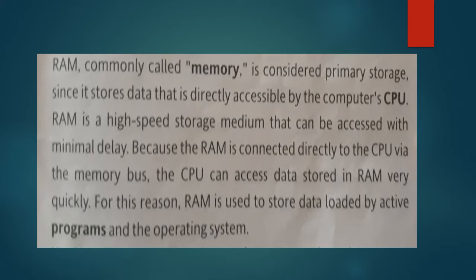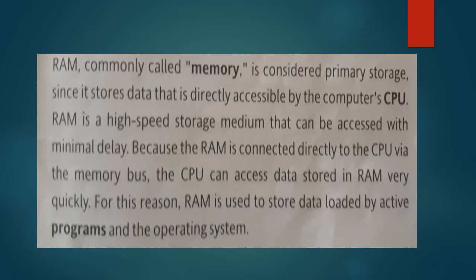However, primary and secondary storage may also refer specifically to the components inside the computer. In this case, primary storage typically refers to random access memory or RAM, while secondary storage refers to the computer's internal hard drive.